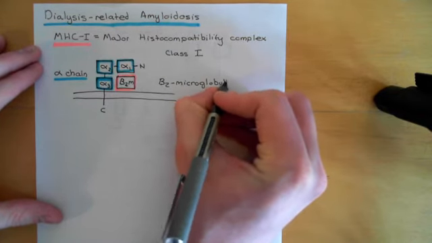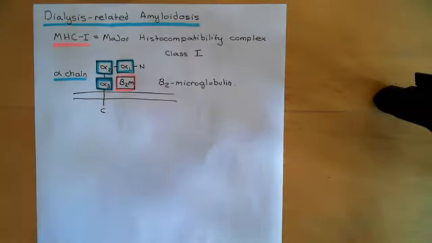I should probably give you a little taster of what the function of the MHC class 1 protein is. As I say, this is expressed on the surface of pretty much all nucleated cells in the body, and its function is to put little fragments of proteins on the surface of cells.